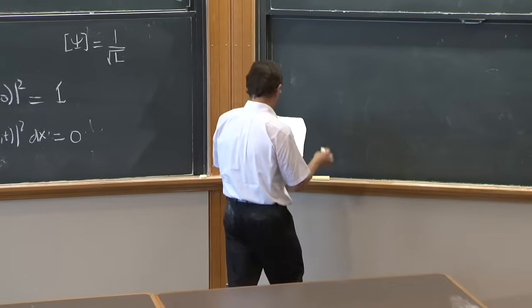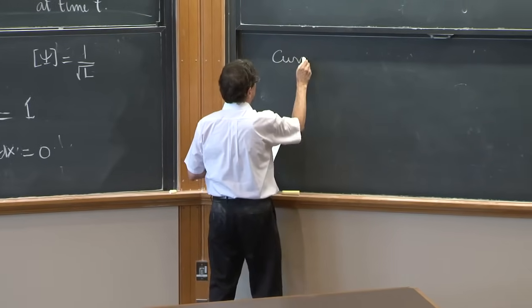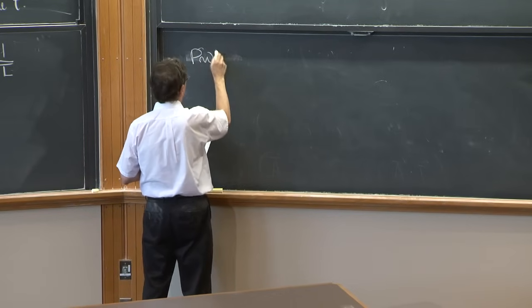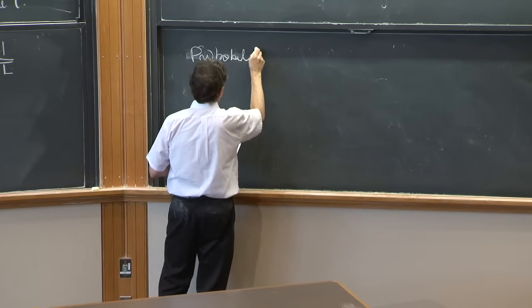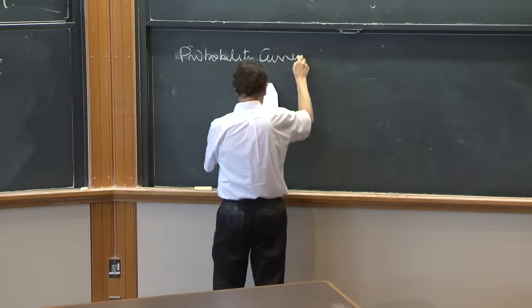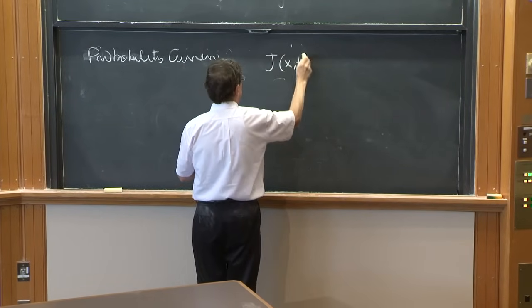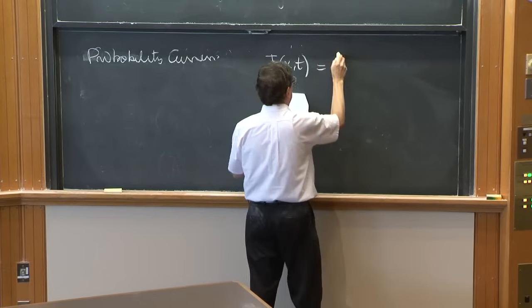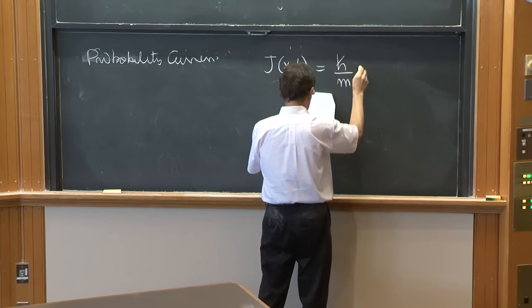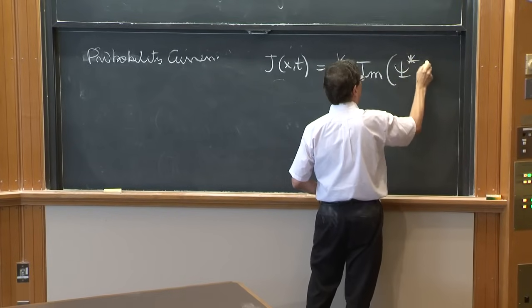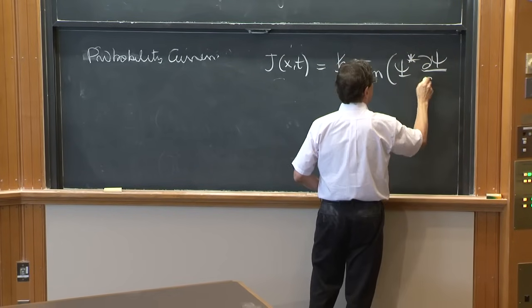I want to remind you of another concept called the probability current. What is it? It's a j of x and t that, as you will review in the homework, is given by h bar over m, the imaginary part of psi star d psi dx.